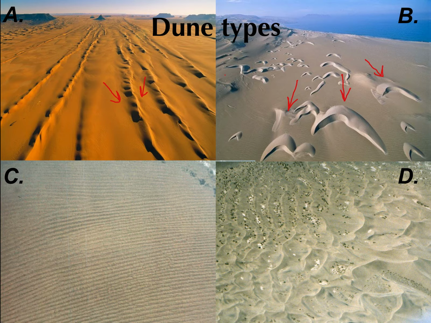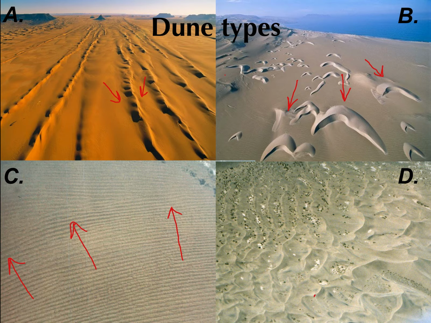C is a satellite image of transverse dunes, and you can see that the wind direction was blowing perpendicular to the crest of those dunes, and the wind in this area was spreading out. It was a very small scale image, and those dunes are actually very large. And then finally, D is a star dune complex in Death Valley.